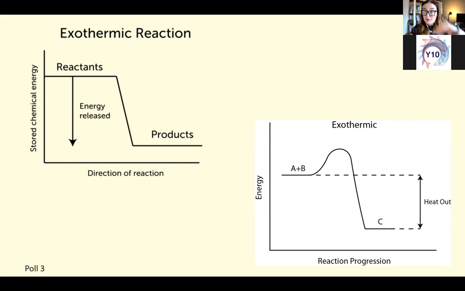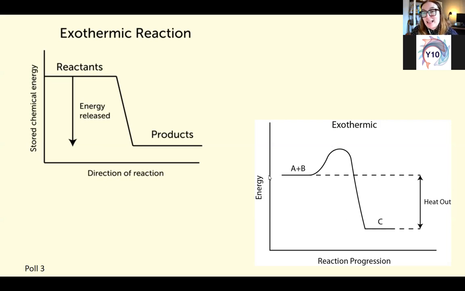So this graph, you have reactants at a higher energy level than the products. And you can see that there is this drop in the amount of stored chemical energy. And that energy has got to go somewhere. And in exothermic reactions, that energy is released into the surroundings as heat. And so the temperature increases.